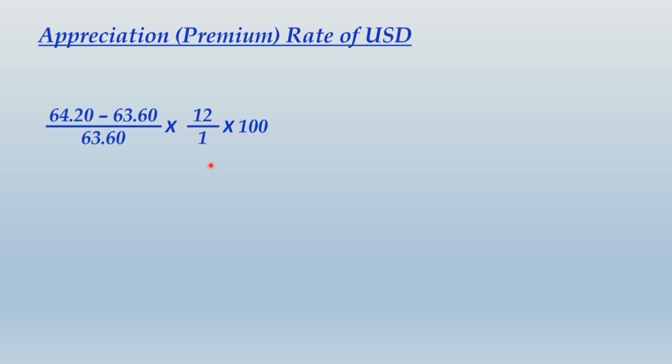I told you, friends, if the contract period is given in a certain number of days, then you would take 365 divided by the number of days. So just keep that caution in your mind. And then what we get is 11.32% per annum.